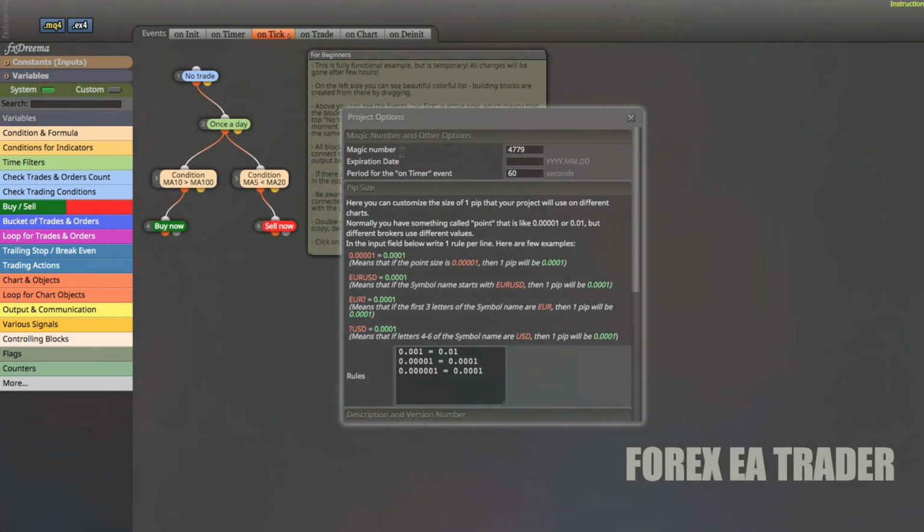So the magic number, when we are talking about forex robots or expert advisors, EAs, for MetaTrader 4 and MetaTrader 5, is a unique identifier. I've not seen this with the other platforms, but I've seen it mostly with MT4 and MetaTrader 5.